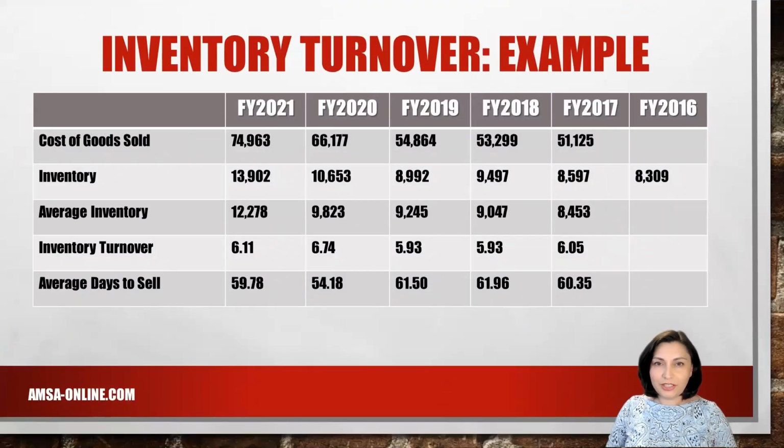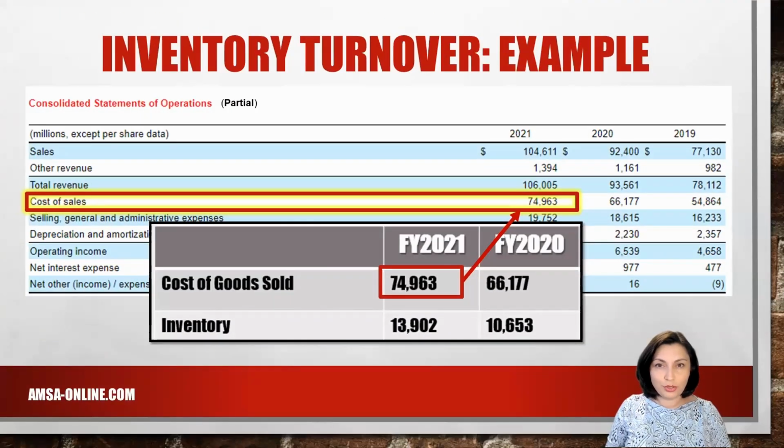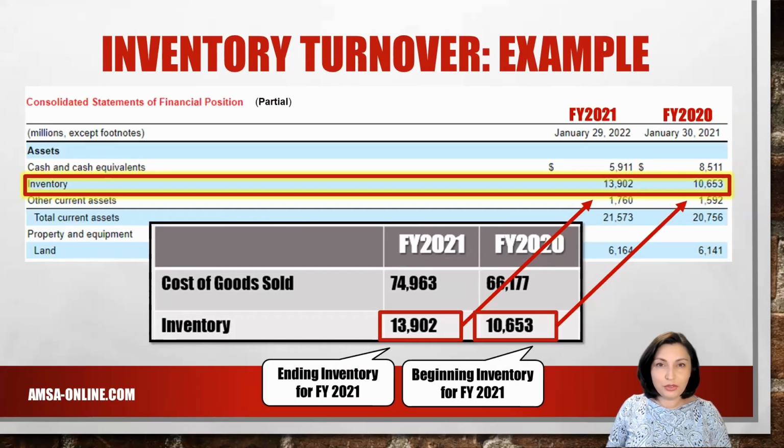I also looked at a couple of prior years and put together a table to see how the numbers changed over the years. Before we look at the historical numbers, let's review where the amounts used in the inventory turnover calculation come from. The cost of goods sold can be found on the income statement, and inventory balances can be found on the balance sheet.